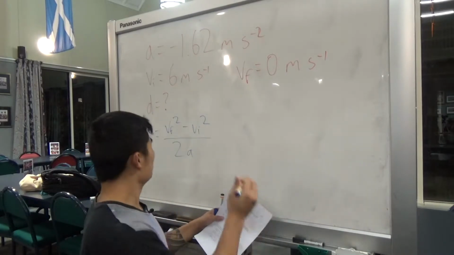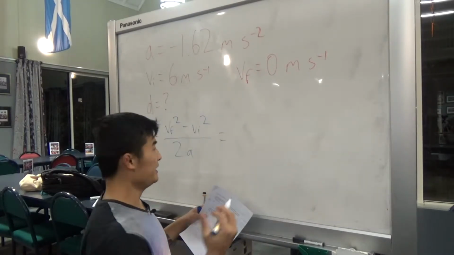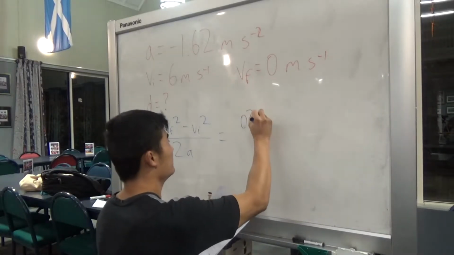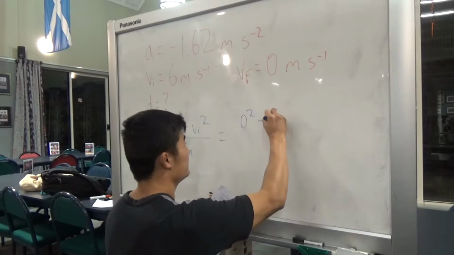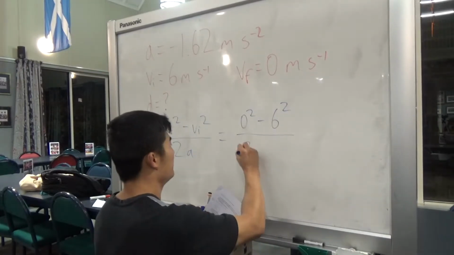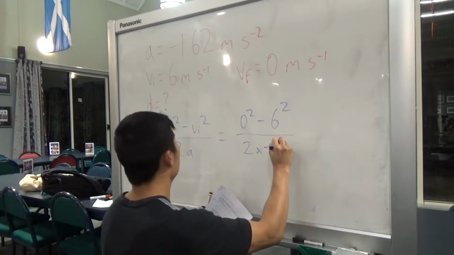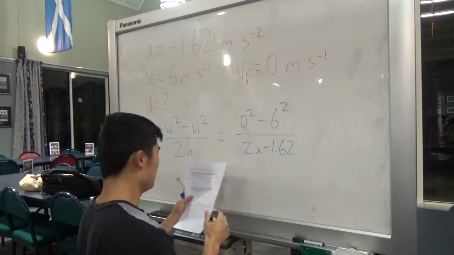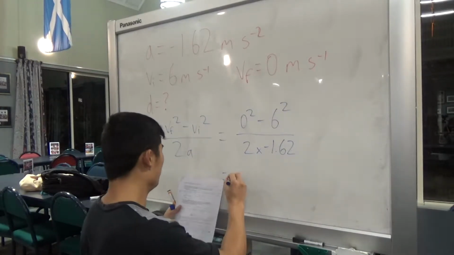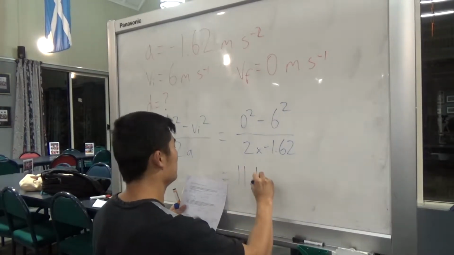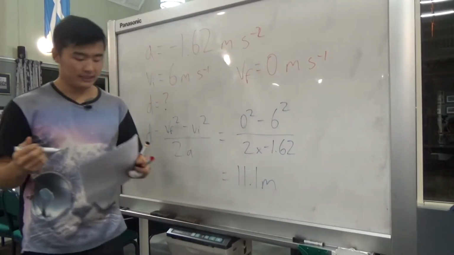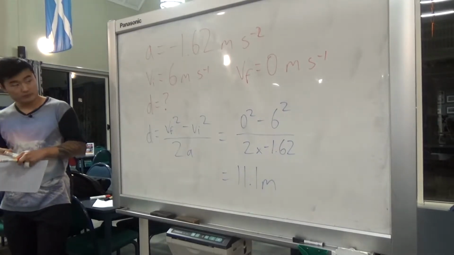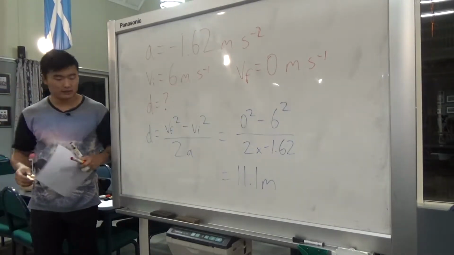That's one of your kinematics equations that you should have on your cheat sheet if you haven't got it already. So Vf is 0, so 0 squared minus Vi squared, which is 6 squared, over 2 times negative 1.62. And that will give you 11.1. 11.1 meters is the height that it will reach. Okay.